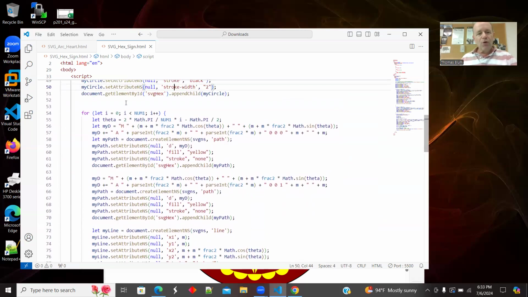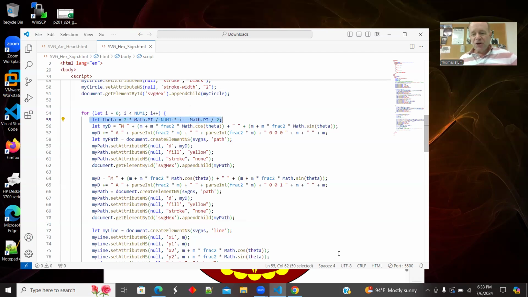Now I'm looping over 6 times, and I have this loop twice because I added the hearts later on. But so here's my loop over num1, so over 6 things. I'm getting an angle. I am taking my 2 pi, my full time around the circle, and dividing it by num, so that's pretty much 360 divided by 6, which is 60 degrees, and multiplying it by i.